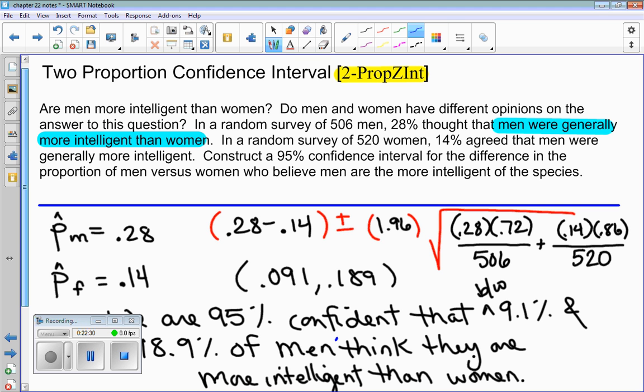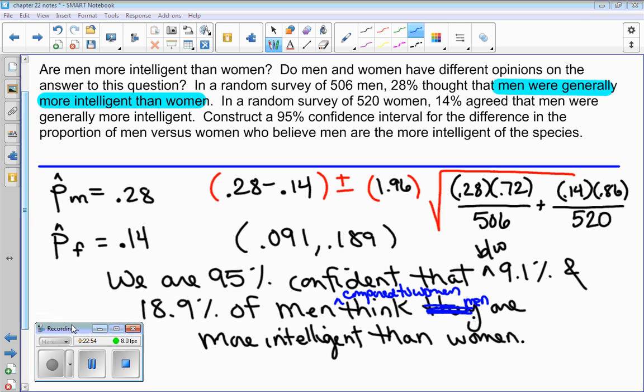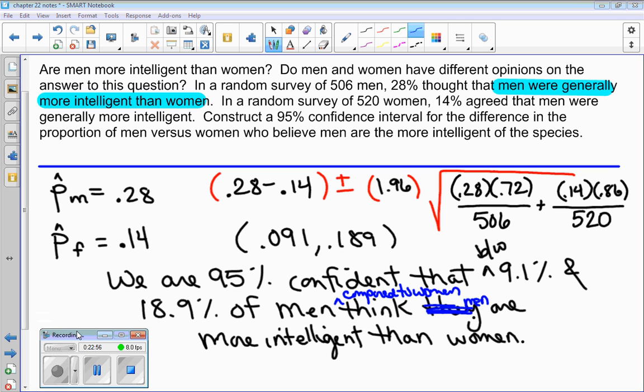Of men compared to women, think men are more intelligent than women. I like that. Sometimes we have to hash through the wordings together so it's meaningful. Okay, so we're 95% confident that between 9.1% and 18.9% of men, as compared to women, think that men are more intelligent than women. I like that. That's a nice wording.